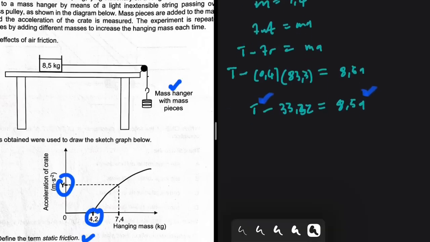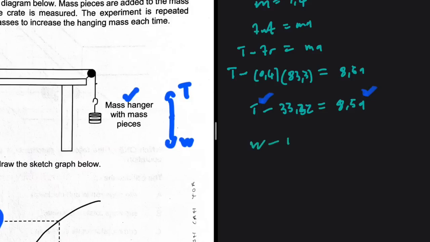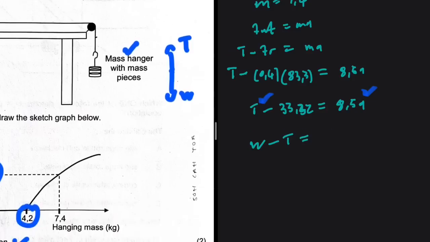So let's concentrate on the mass hanger. The free body diagram should show the weight and the tension, right? So why is it going down? It is going down because of the weight. So weight minus tension is equal to, not 8.5a, but the mass of the hanger, 7.4a. So the weight, 7.4 multiplied by 9.8, minus the tension is equal to 7.4a.